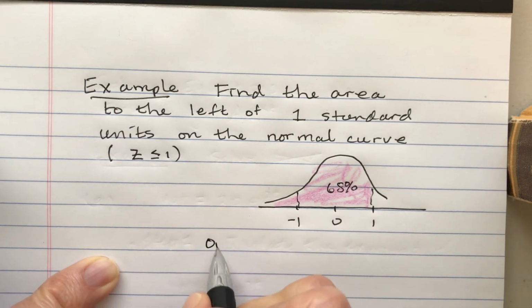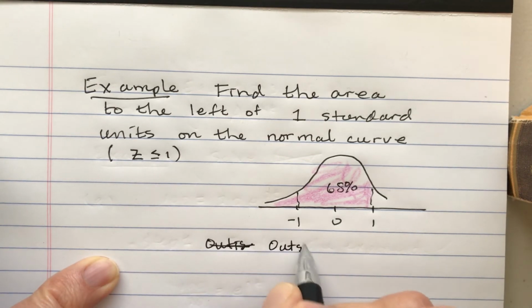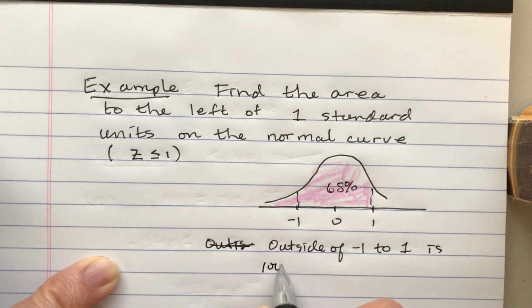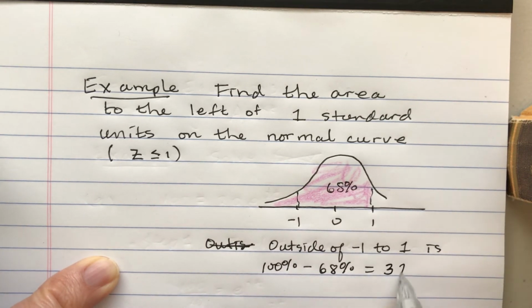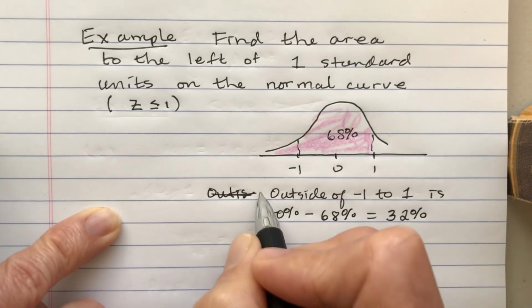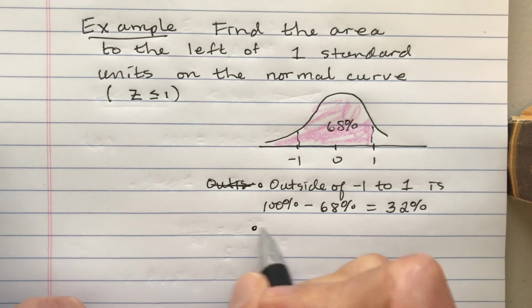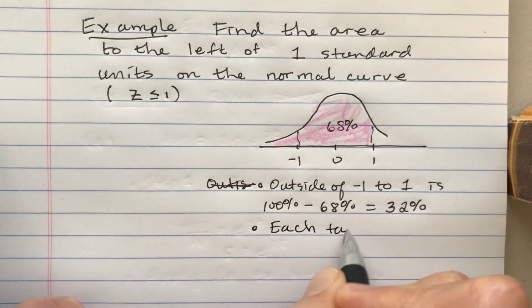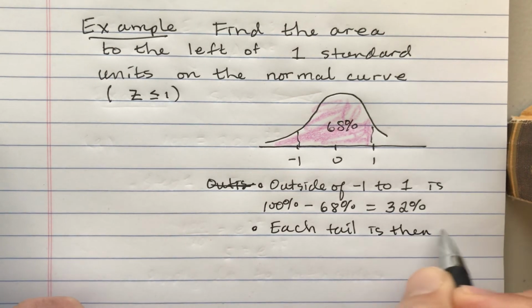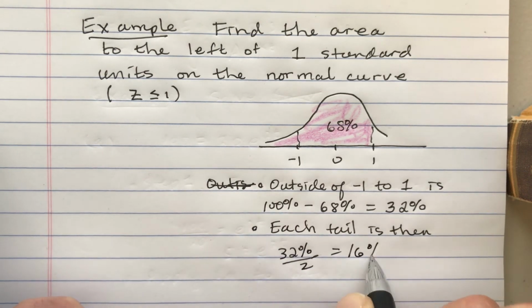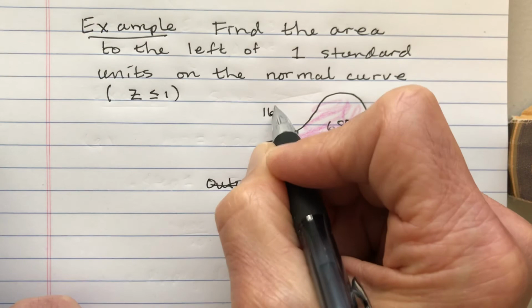So outside of -1 to 1 is 100% minus 68%, which is 32%. Each tail is then 32% divided by 2, which is 16%. So this guy is going to be 16%.